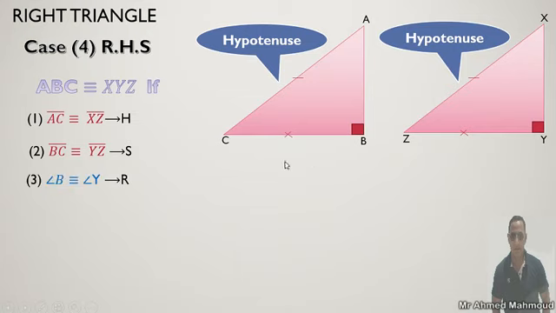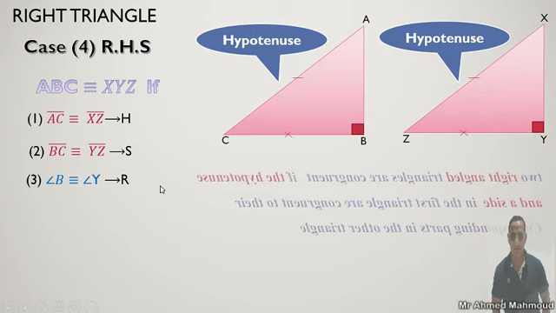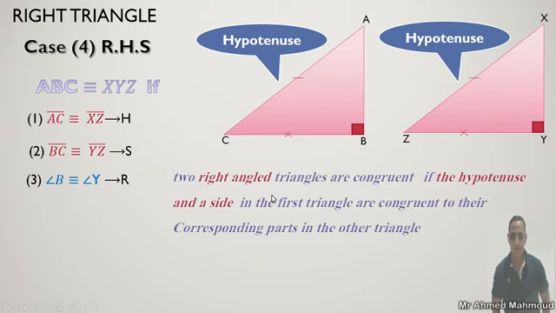Number three, angle B congruent to angle Y. This is the right angle. Then, again, hypotenuse congruent to hypotenuse, side congruent to side, right angle congruent to right angle. So it's called RHS. Then we can say that two right-angled triangles are congruent if the hypotenuse and the side in the first triangle are congruent to their corresponding parts in the other triangle.